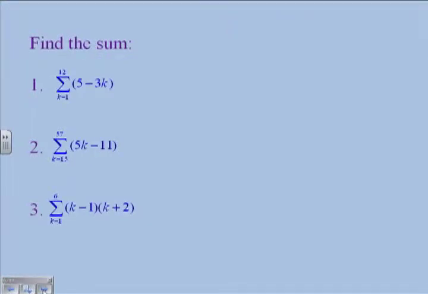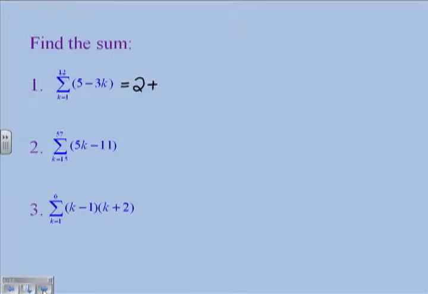Now, let's go ahead and find some sums. We did a little bit of this in the last lesson, and you know what this sigma means. It means I'm going to add, and it means I'm going to start with k being equal to 1. So if I let k equal 1, this ends up being 2.